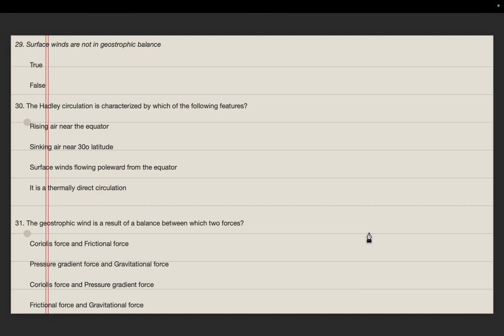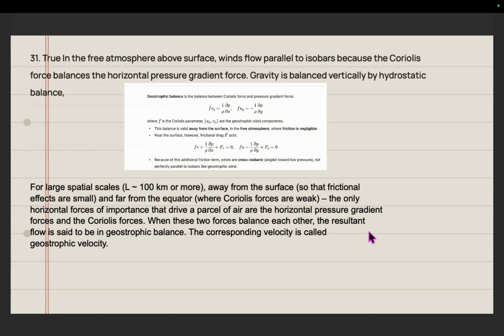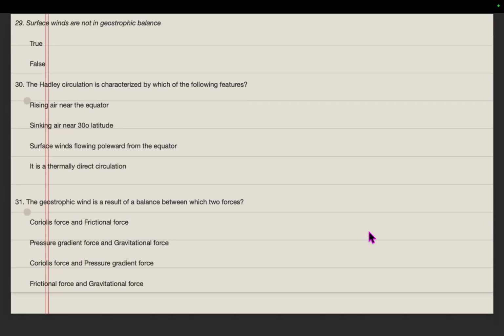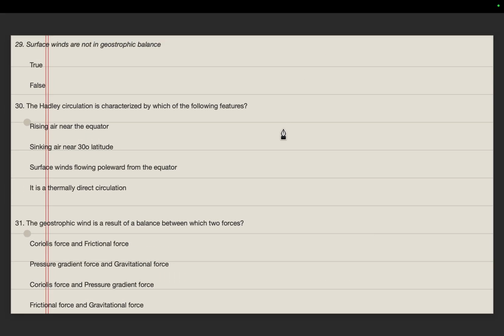Now question 29. This is also on the concept of atmospheric circulation. Question 29: surface winds are not in the geostrophic balance. Is this statement true or false?